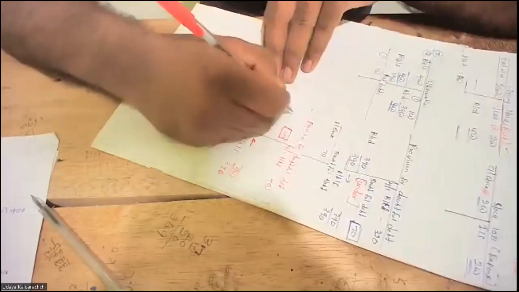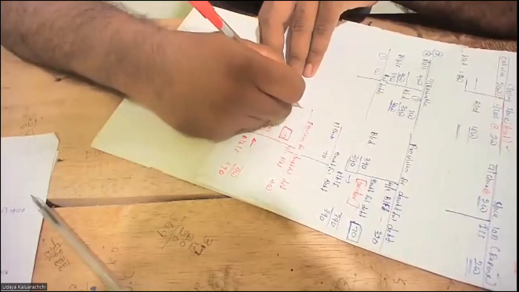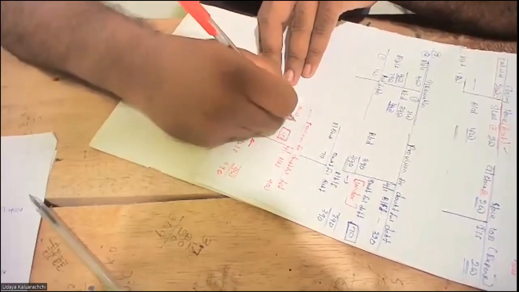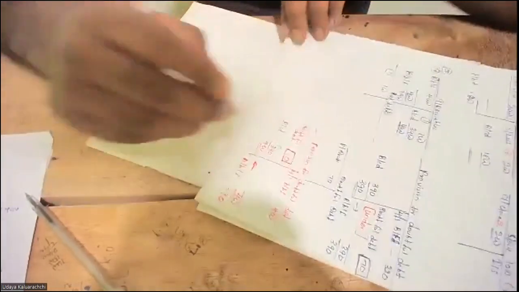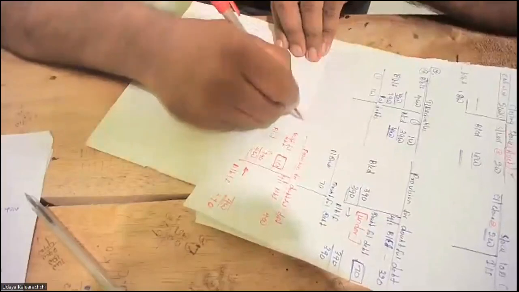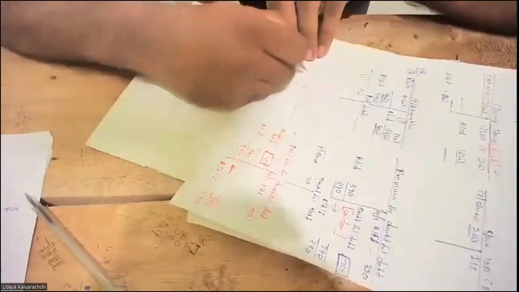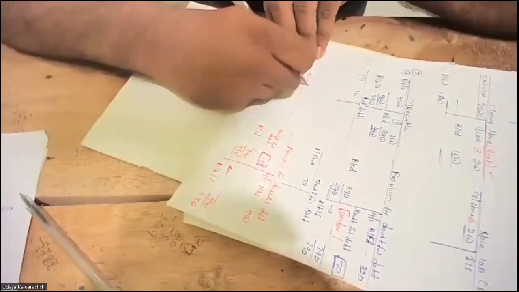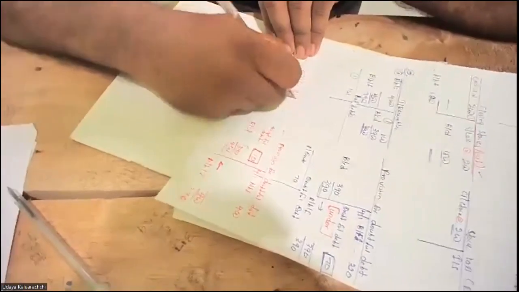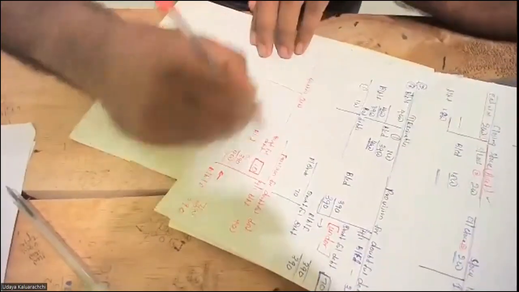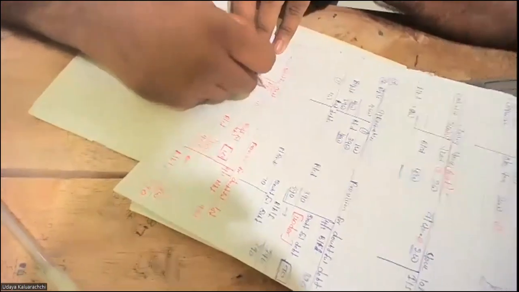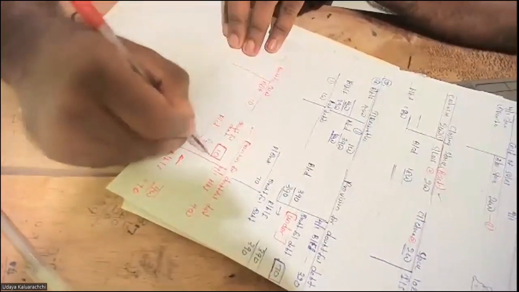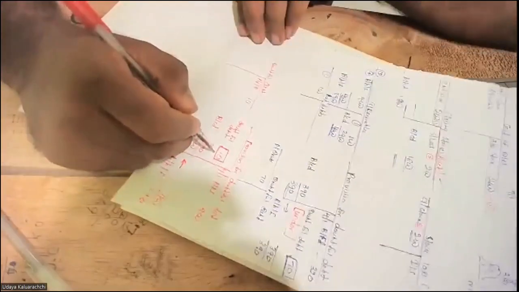The account is doubtful debt. Then the double entry is doubtful debt account credit 10, provision for doubtful debt account debit 10. It is the double entry.